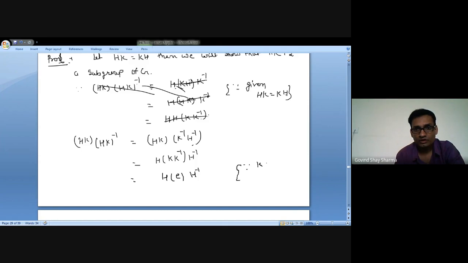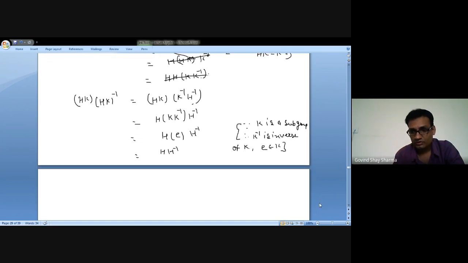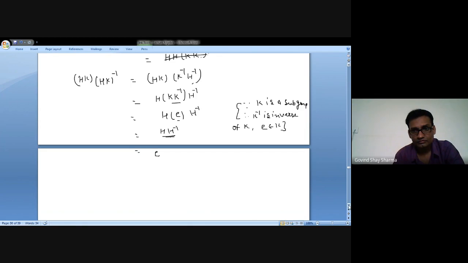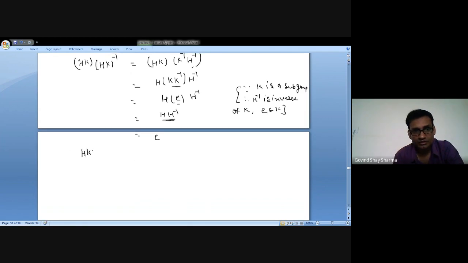Because K is a subgroup, K inverse is the inverse of K and belongs to K, and H inverse belongs to H. So this becomes K inverse H inverse, and this will become E.